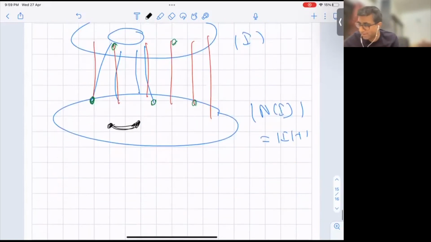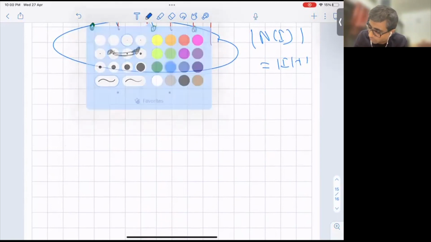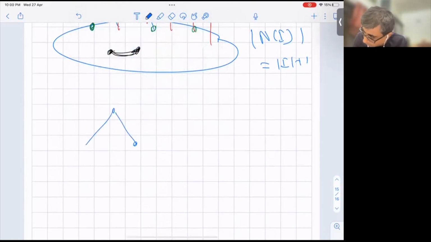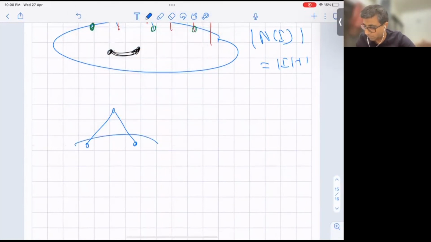Okay, so what I'm trying to mimic, if you recall correctly, what was the degree 2 reduction rule? What is this degree 2 reduction rule?